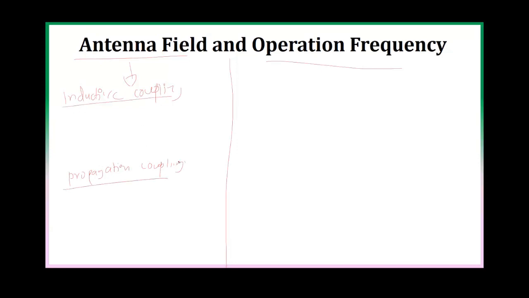Okay, so in general, if you consider a diagrammatic approach for both, it will simply be a transceiver, a reader. Here there will be some kind of antenna, and here will be your RFID tag.